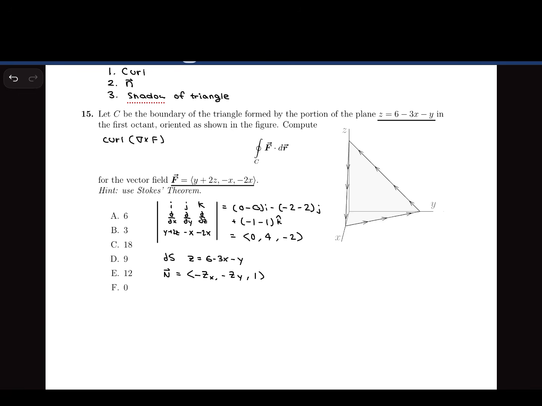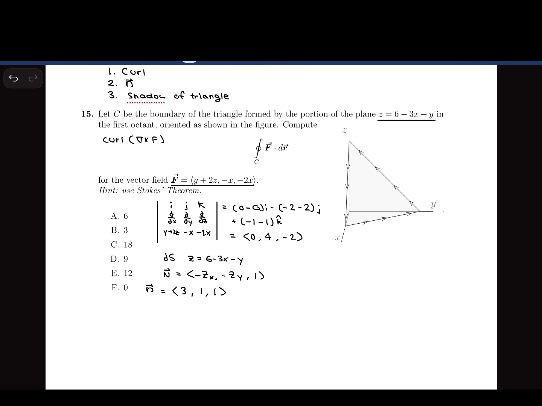So let's do that. The partial derivative of z with respect to x is negative 3, but because it's negative, we just get 3. The partial derivative of z with respect to y is negative 1, but since it's negative, we just get a 1. And then we add in the 1 right there. So we already know our normal vector.